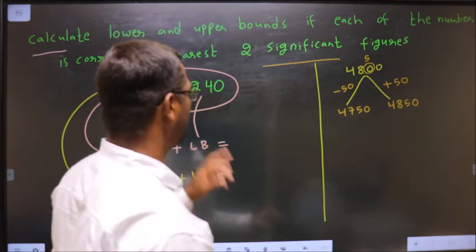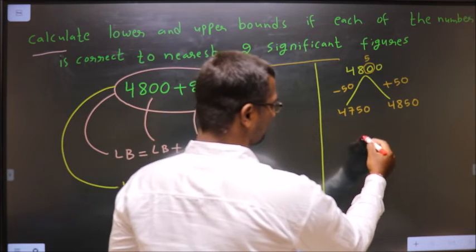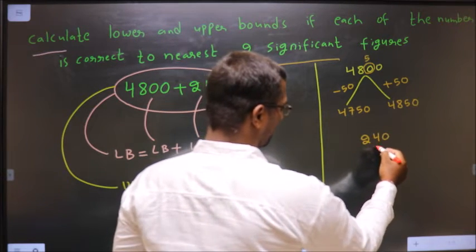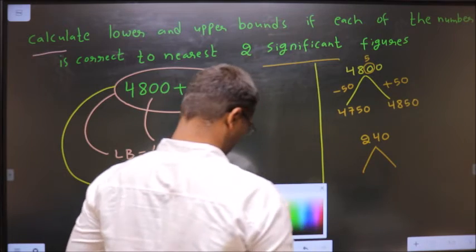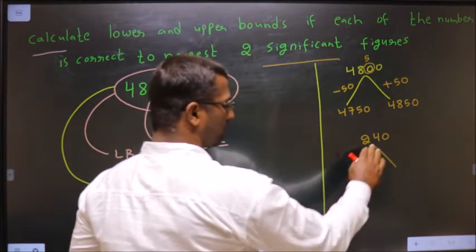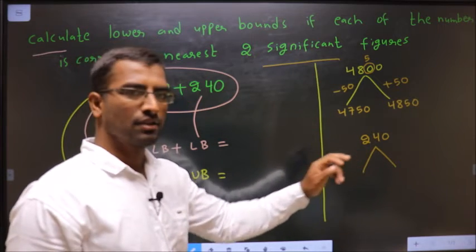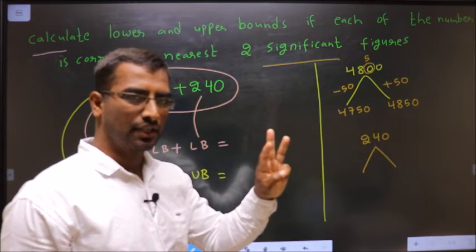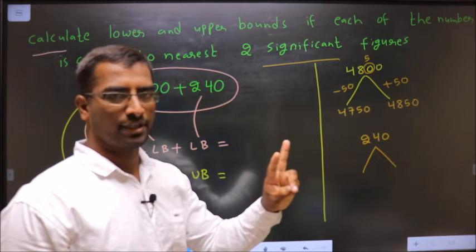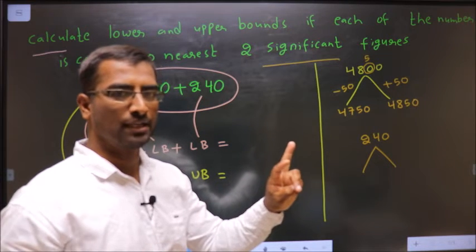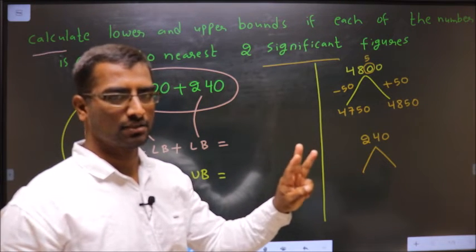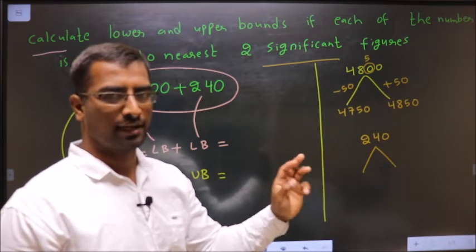Now the next number is 240. Now this is also correct to the nearest two significant figures. That means earlier there were three which got corrected to two significant figures. Now you should make it back to three significant figures. And how do you do that? In this way.